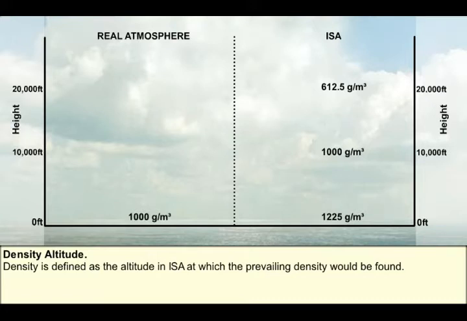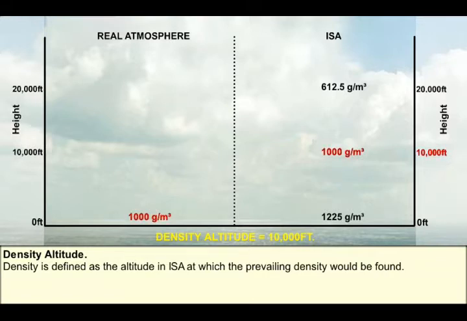However, if the density at sea level in the real atmosphere falls to 1,000 grams per cubic meter, this new lower density at our location will correspond to a density found at a higher altitude in ISA. In our example, we can see that the density at sea level in the real atmosphere equates to a density found at 10,000 feet in ISA. We therefore say that the density altitude at mean sea level in the real atmosphere on this particular day is 10,000 feet.